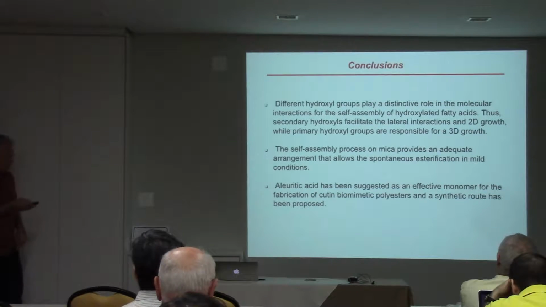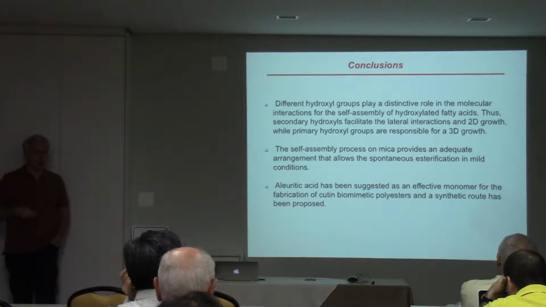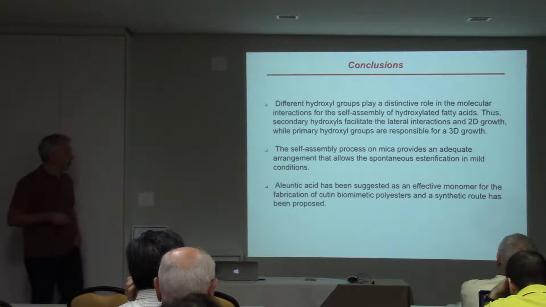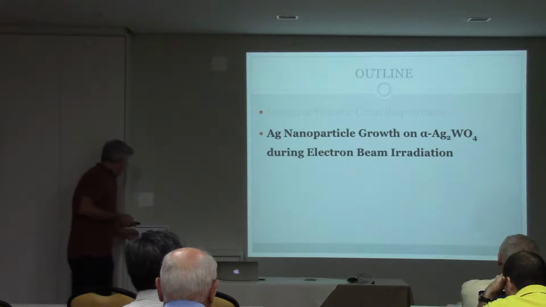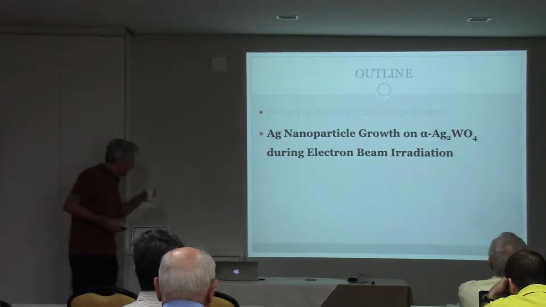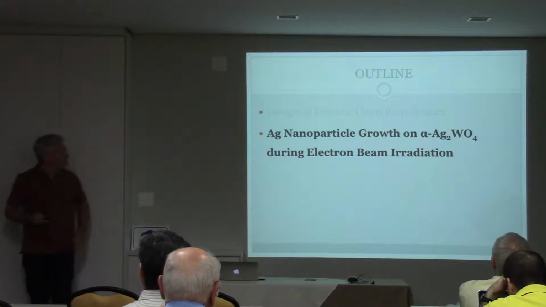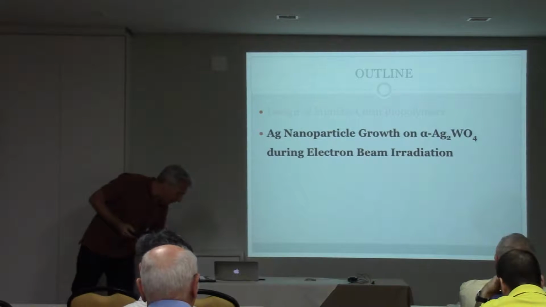And finally, the aleuritic acid is a promising monomer for the fabrication of these biomimetic polyesters. So I will move on to the second part of the presentation.